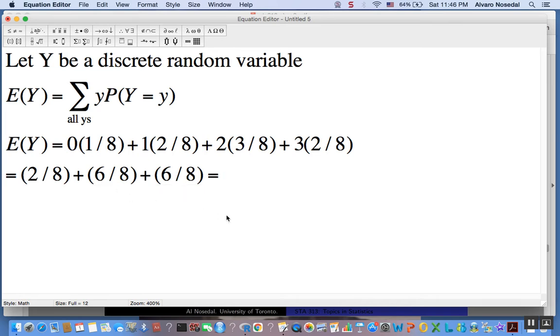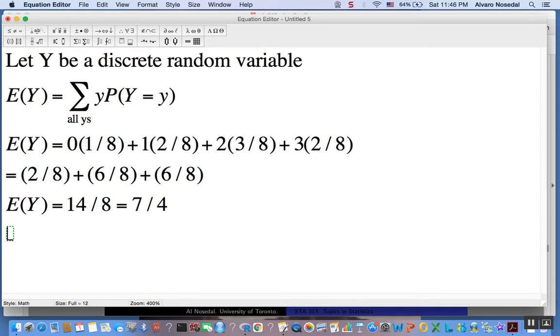So that's just 14 over 8, which would be the expected value, or 7 over 4.